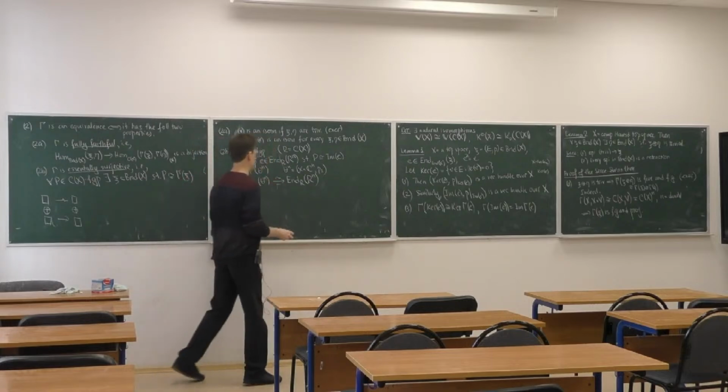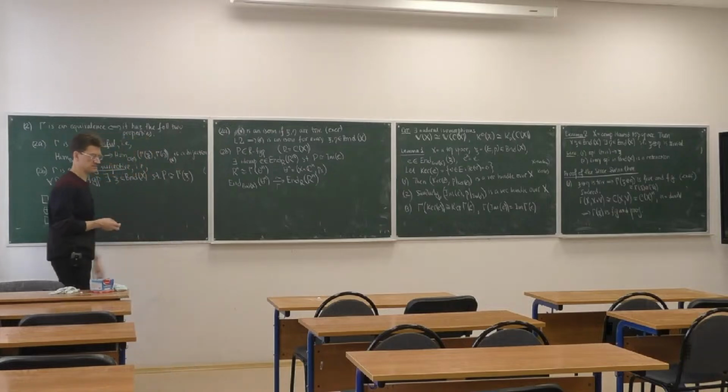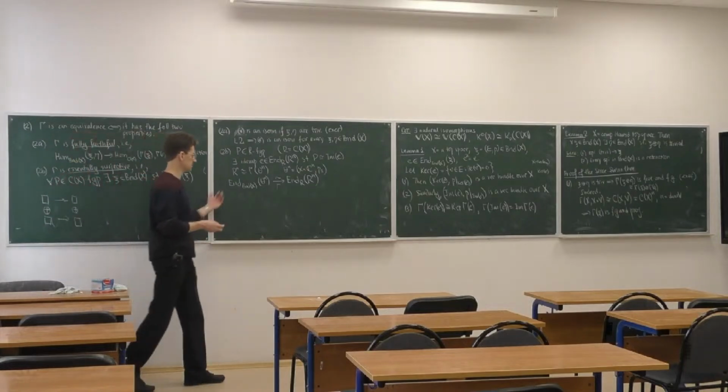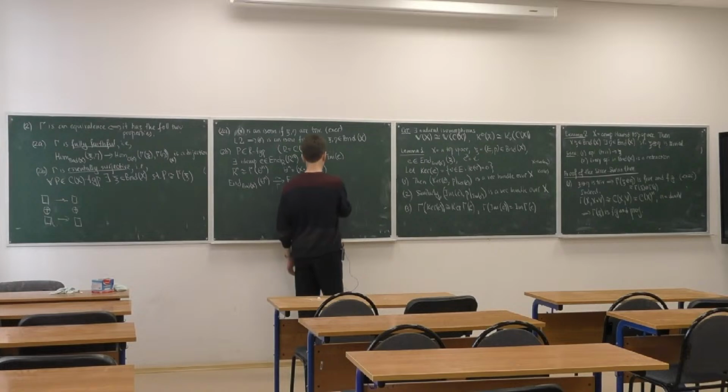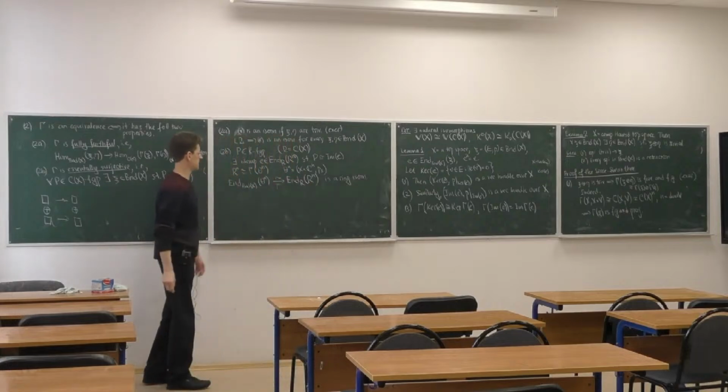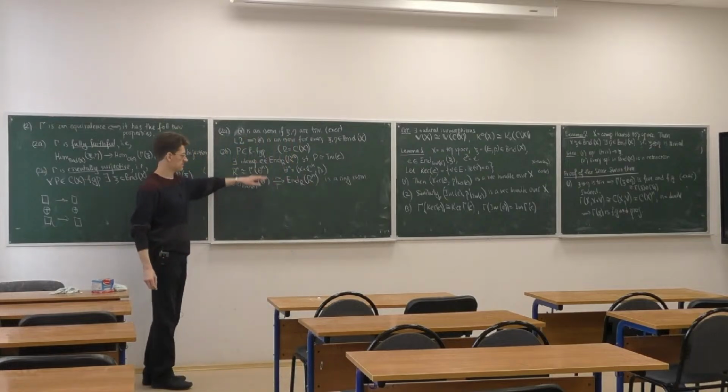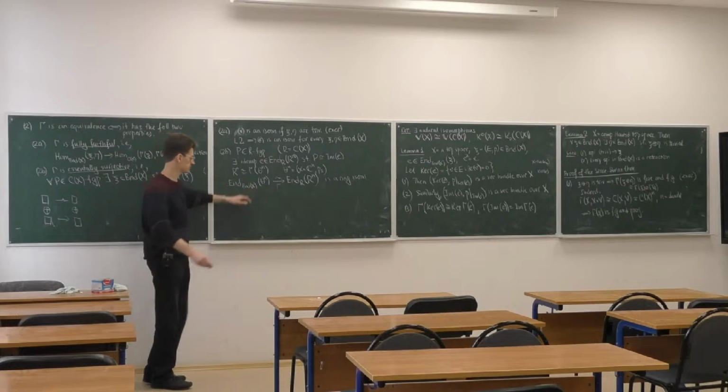This is a bijection, but on the other hand, it's clear that it is a ring homomorphism, so as a result, it's a ring isomorphism. So this idempotent eta comes from a unique idempotent in here.